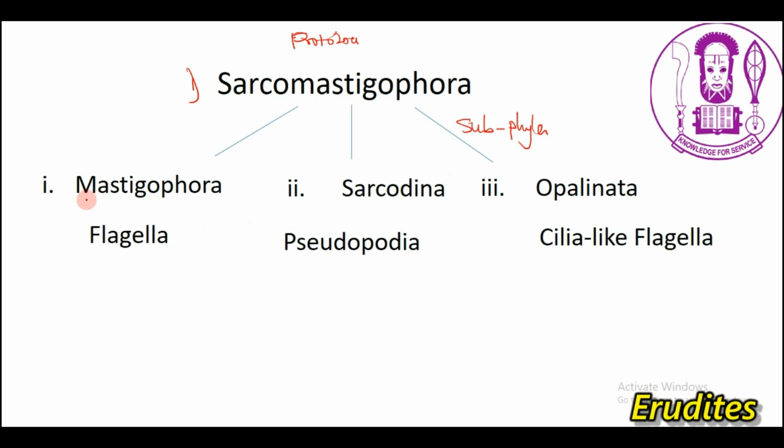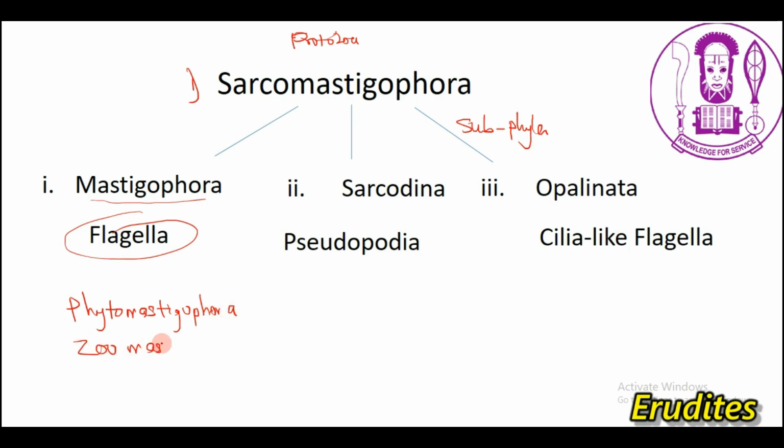We have the subphylum Mastigophora, and we have looked at them. They move with the help of a flagella. Under the subphylum Mastigophora, we still have 2 classes. We have the Phytomastigophora, then we have the Zoomastigophora.